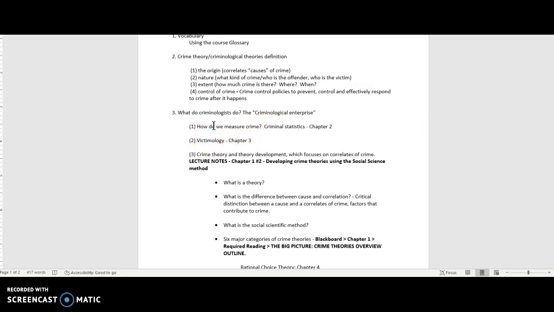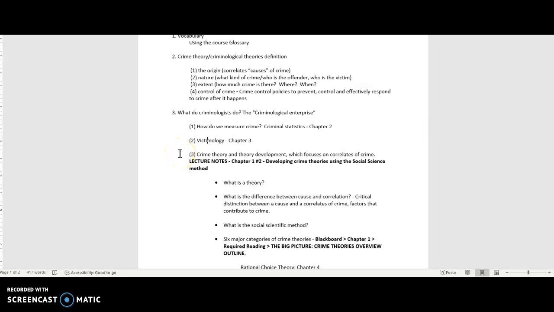The second criminological enterprise or sub-area within criminology is victimology, which focuses on the nature and causes of crime victimization, theories of victimization risks, and resources and support for crime victims. The third sub-area, and one that we will spend much of our time on in this class, involves crime theory and theory development.